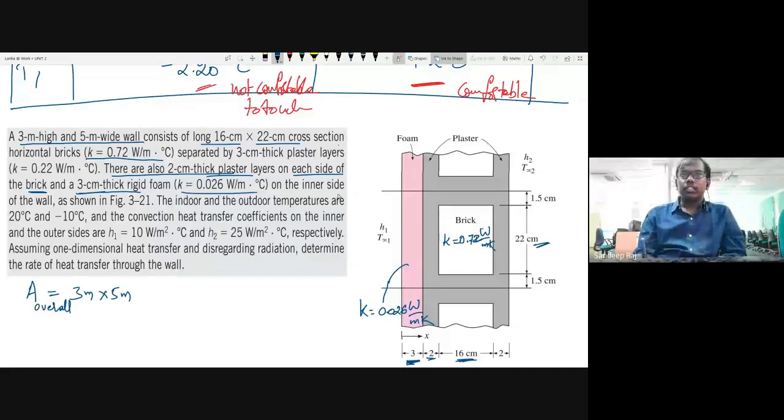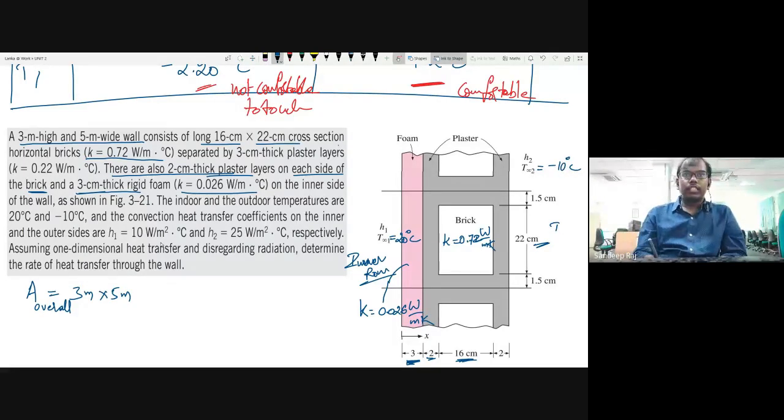This is also given. And the inner side of the wall was shown in the figure. That is, this is your inner side, the inner side of the room. Then the indoor and outdoor temperatures: T infinity 1 is 20 degrees centigrade, T infinity 2 is minus 10 degrees centigrade.